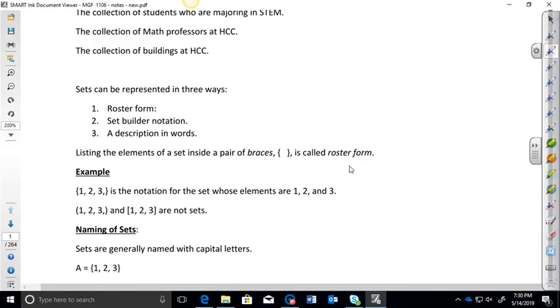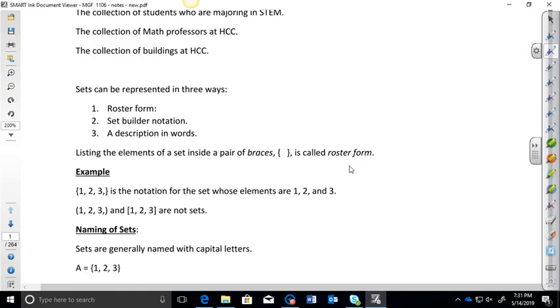Then the third one is we just say it in words. We don't use that notation. We just say set of all numbers less than 10. So we don't even use set notation there for description. We just write set of all counting numbers less than 10.